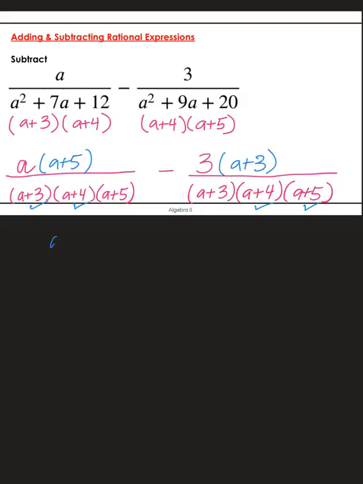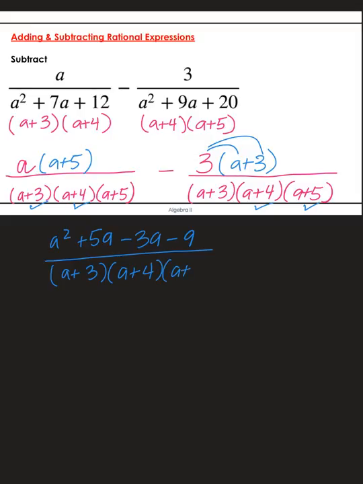So I have a squared plus 5a minus 3a because 3 times a, and then minus 9 because 3 times 3 is 9. Okay, and then I'm going to do that all over a plus 3 times a plus 4 times a plus 5.